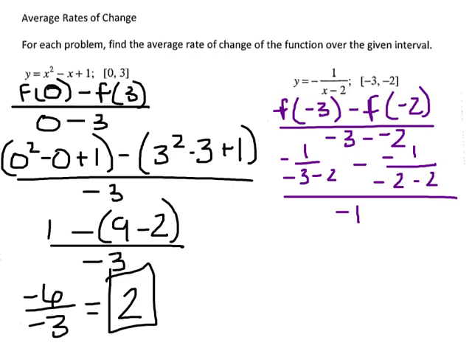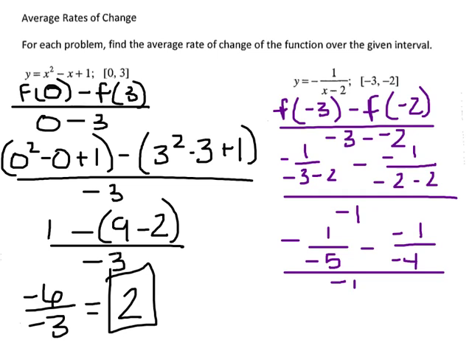Well, actually, I'm just going to simplify my top fractions first. I have negative 1 over negative 5 minus negative 1 over negative 4. And again, that's all over negative 1.